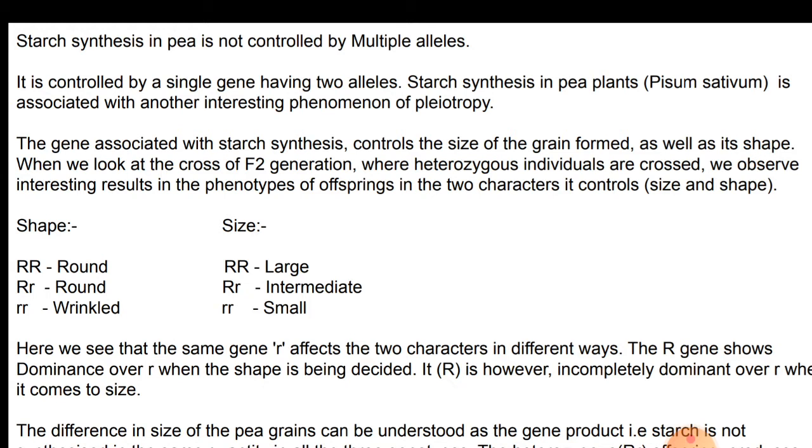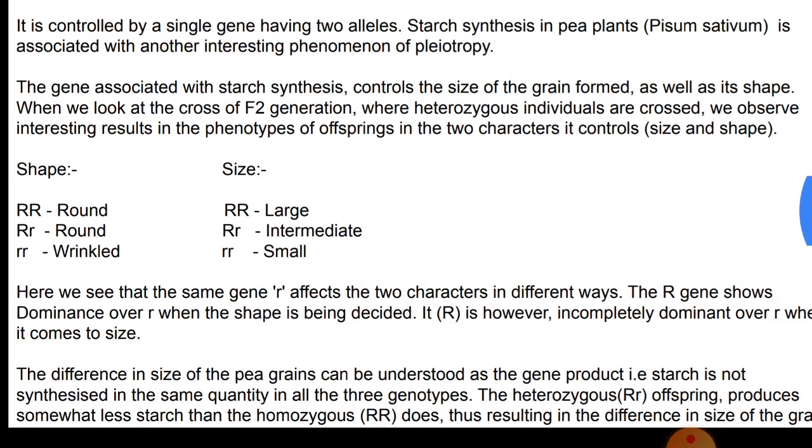So here what we see is that the same gene R affects the two characters in different ways. The capital R gene shows dominance over the small r when the shape is being decided, but capital R is incompletely dominant over small r when it comes to the size of the grain. The difference in the size of the pea grains can be understood as the gene product, the starch, not being synthesized in the same quantity in all three genotypes.